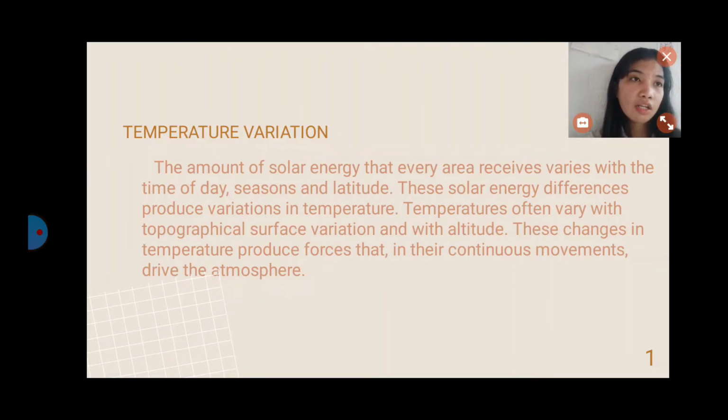These solar energy differences produce variation in temperature that often varies with the topographical surface variation and with altitude. So these changes in temperature now produce forces that, in their continuous movement, drive the atmosphere.